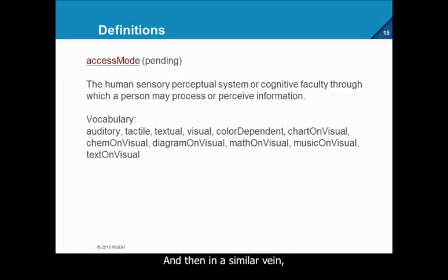And then in a similar vein, we have chart on visual, chem on visual, diagram, math, music, and text on visual. And these are for cases where you've got a picture of a thing that really has information. It's very common on the web today to see pictures of text. You'll see a place on a website where a developer wanted very highly designed text, and so they used a picture of that text, and there's no real text there that a user can get to. And this causes problems for a few different groups.